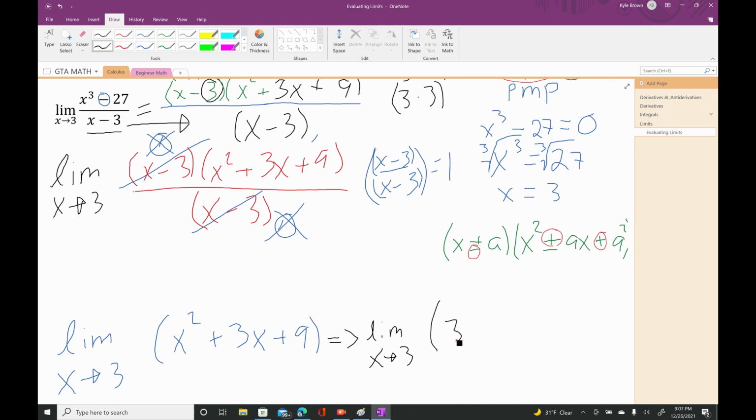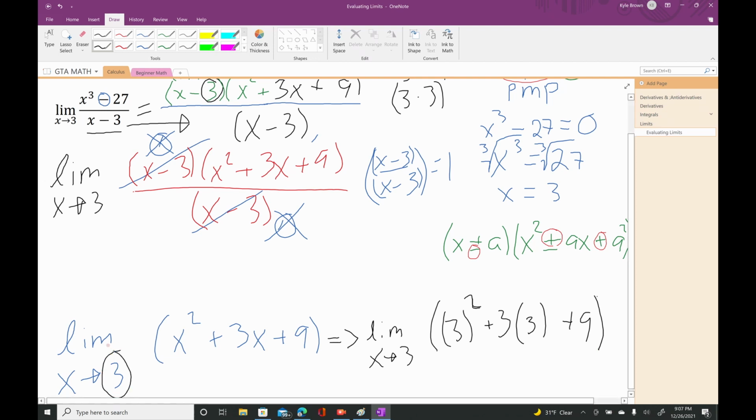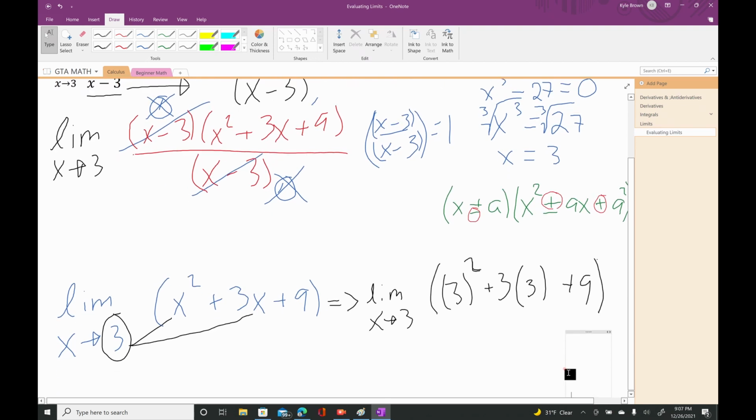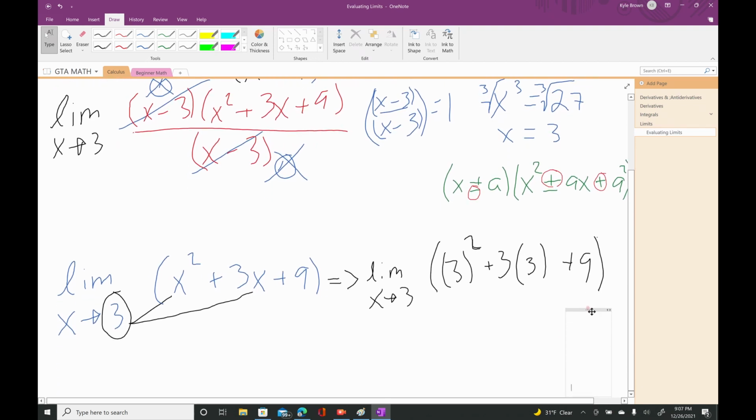and then we're going to put 3 squared plus 3 times 3 plus 9. Because when you evaluate a limit, you're just saying, hey, let's plug this value in to each x. And that's what we did. So then once we get here, we just evaluate, right?